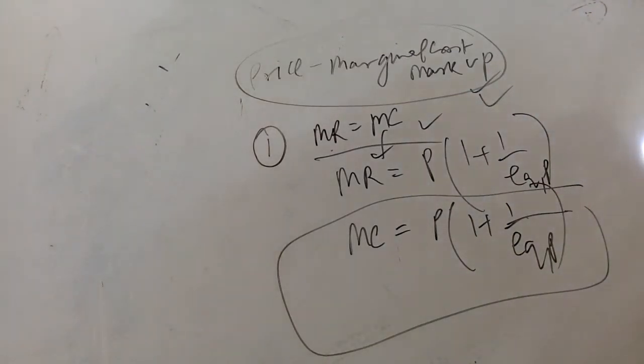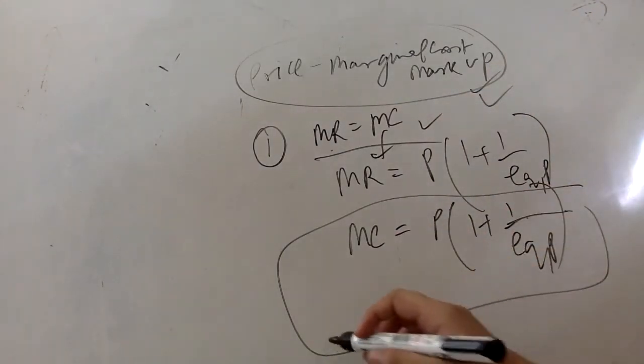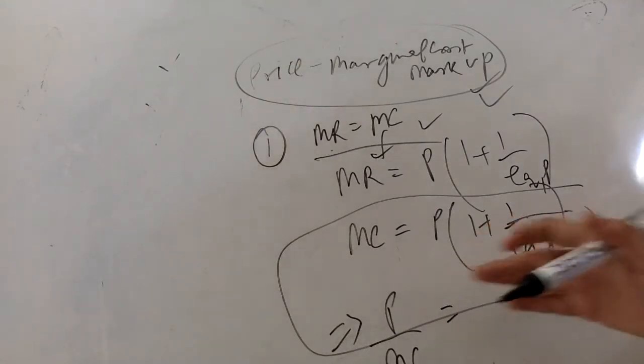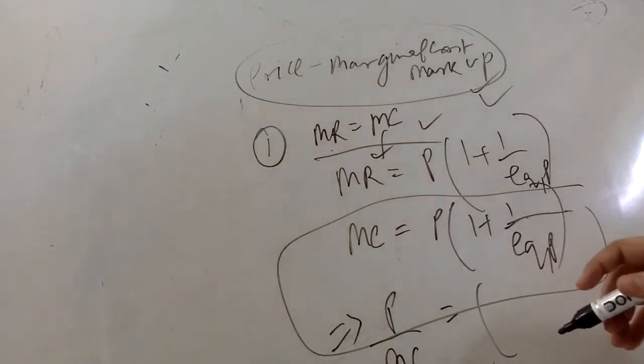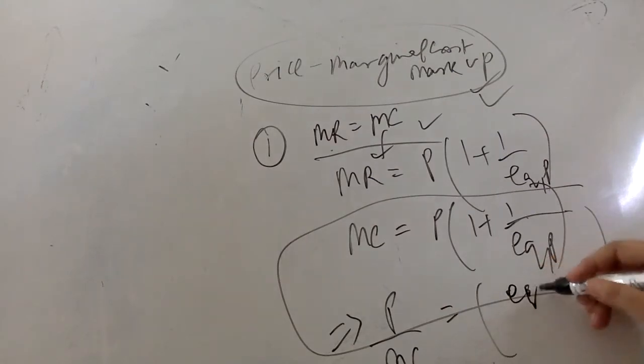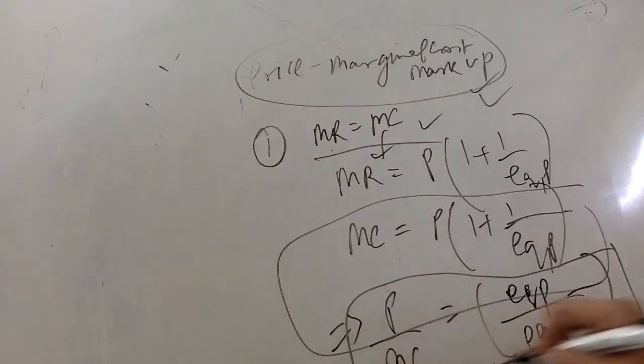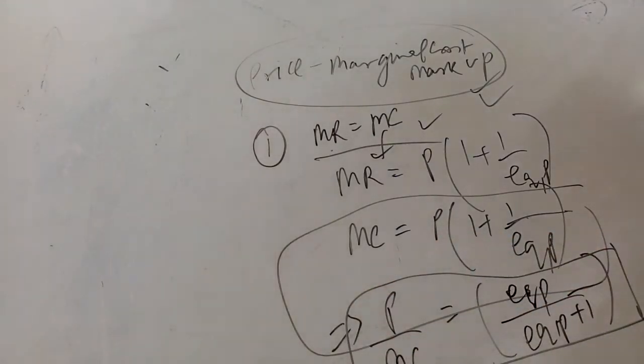If I rearrange this equation further and compute P upon MC, this becomes elasticity upon elasticity plus 1. So this is how price markup can be stated.